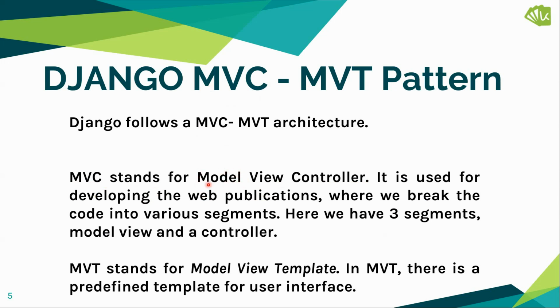This is also the layer which will store all our data into the database. View is the layer in between the controller and model, and its job is to interact with the model, create a response for the request, and then return it to the controller, which in turn will return it as a response to the user. And the controller is the front end, the one which faces the user request.